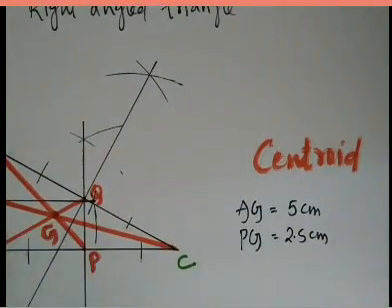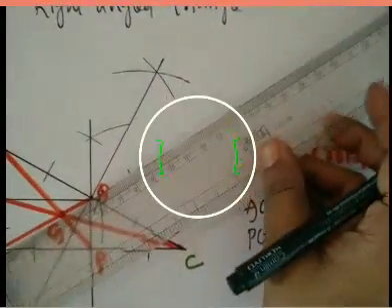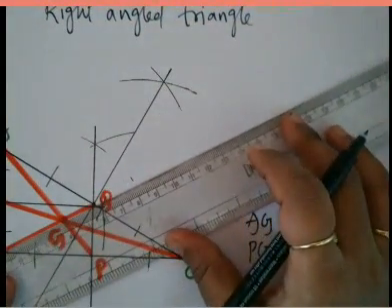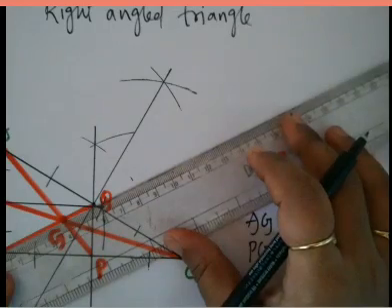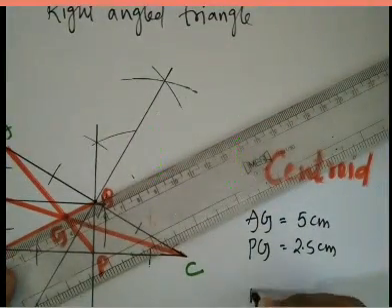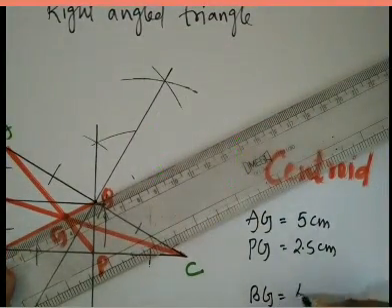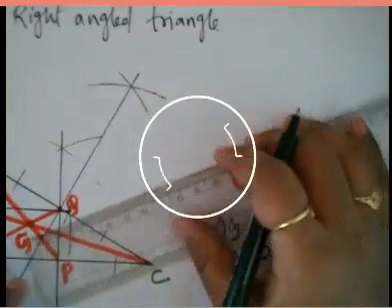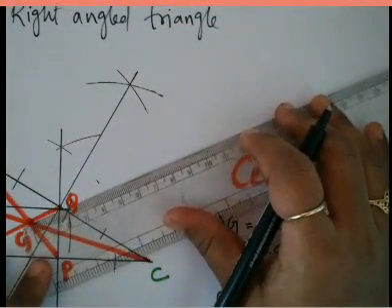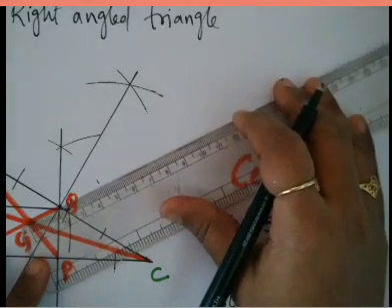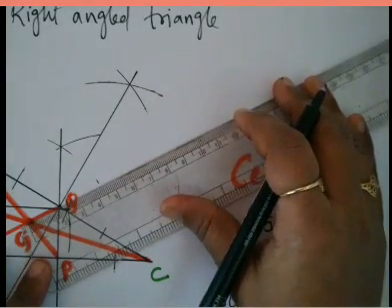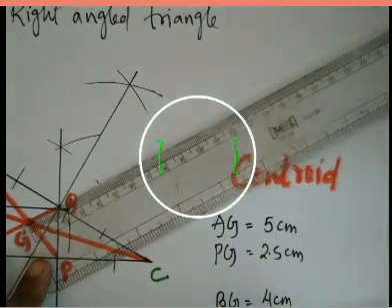Same way we will do with the other medians also. Let's measure the distance of B and G. So BG is equal to 4 centimeter, and now we will measure QG.